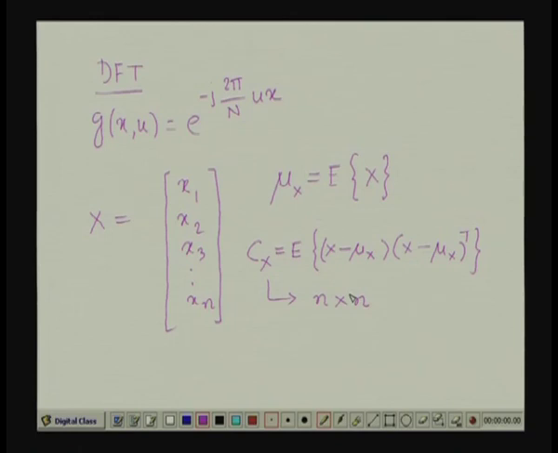Now, in this covariance matrix Cx, an element Cii, that is an element in the ith row and ith column, is nothing but the variance of the element xi of the vectors x.